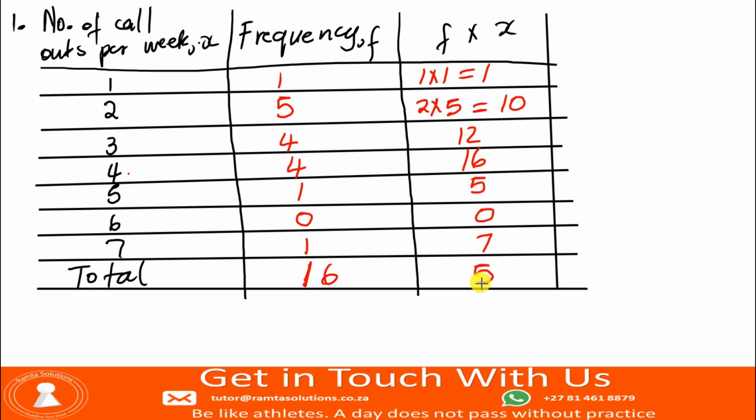So this is 51. So these are our totals, and this is how we represent this data in a frequency table.